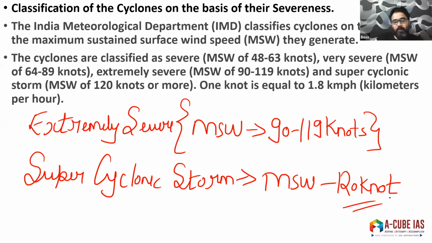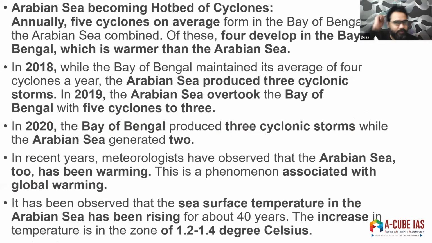When the speed of the winds is over 120 knots, or over 240 kilometers an hour, the winds associated with such a cyclone will be called a super cyclonic storm. This was how the classification of cyclones is done on the basis of their severeness, or the speed of the wind with which the cyclone is moving. Okay, now next.